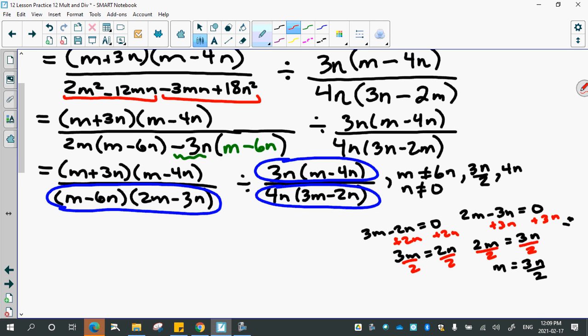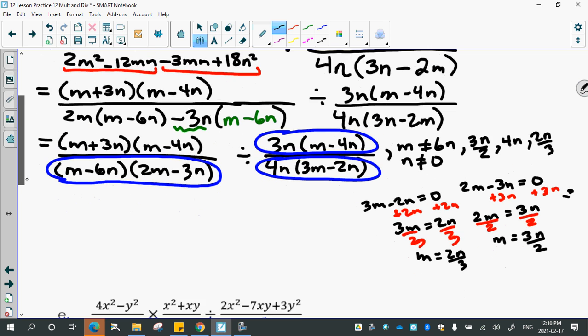So m can't be, oops. M can't be 2n over 3. So I can add that to my list of things that n can't be. So once you've done 1, 2, 3, 4, 5 restrictions, now we change the divide to a multiply.